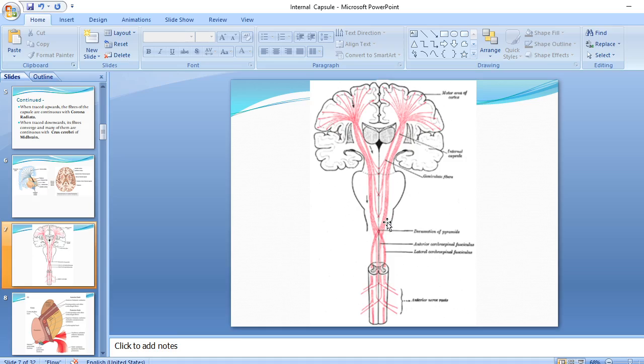And here in the lower part of the medulla, you can see these fibers crossing to the opposite side, meaning the control of the cerebral cortex is contralateral. And then after crossing, they pass in the spinal cord here. And here in the white matter of the spinal cord, you can see these fibers forming the lateral corticospinal tracts.